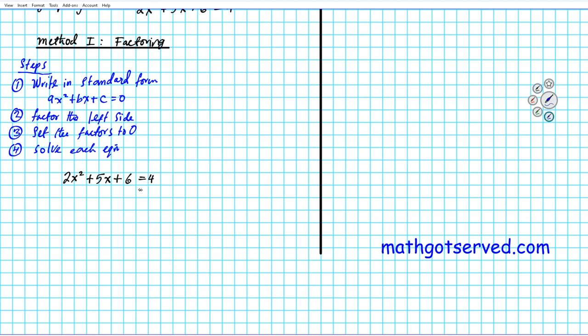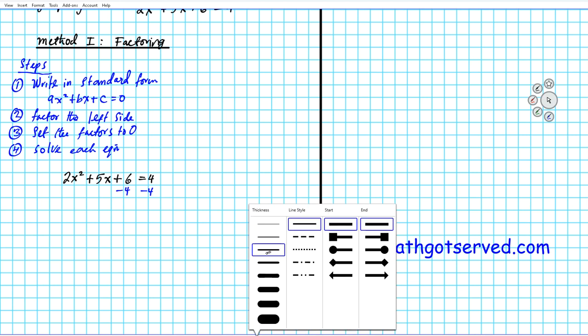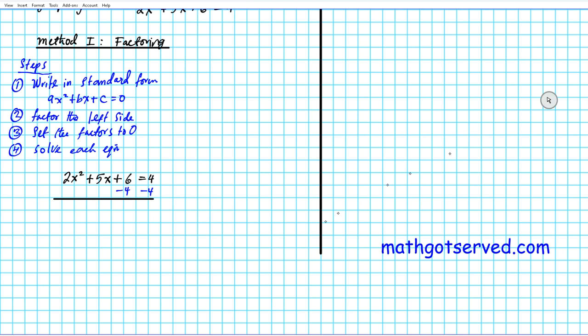This 4 should be moved to the left side, so we'll subtract 4 from both sides of the equation. That's going to give us 2x squared plus 5x plus 2 equals 0.